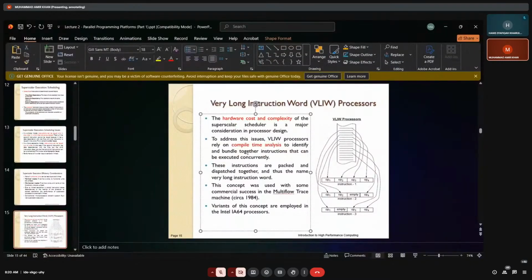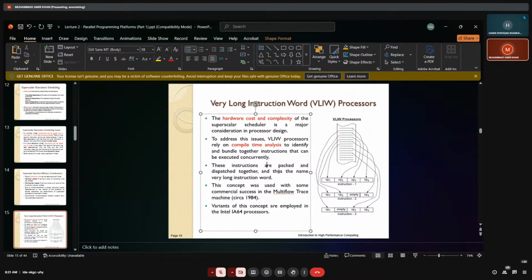So in VLIW, it basically relies on compile time, not execution time. It will bundle all the instructions that can be executed concurrently. There is no dependency, so we can execute all these instructions at the same time.